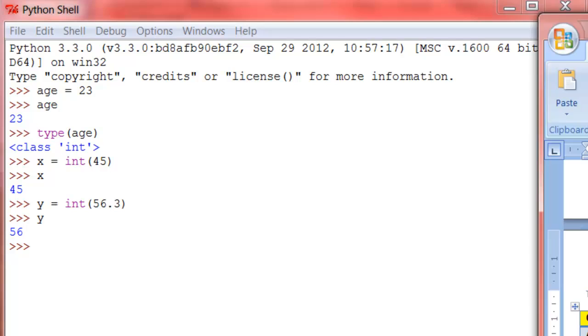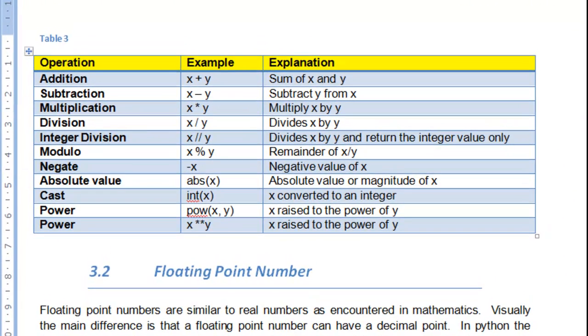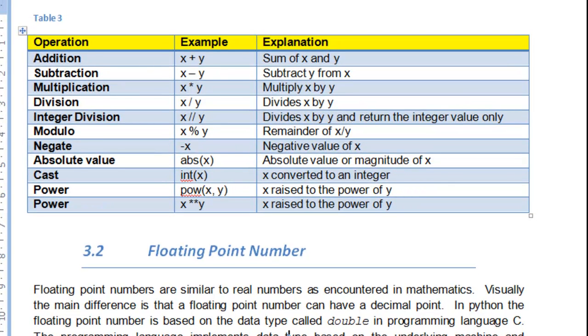So what operations are there that are defined on integer? So I'm just going to show this table here. And here's a list of the different operations that are defined on integer. So we have addition, subtraction, multiplication, division there. We have integer division. Notice we're making a difference here. The double forward slash is the integer division. So this will return the integer part of the division. We have modulo, very powerful operation.